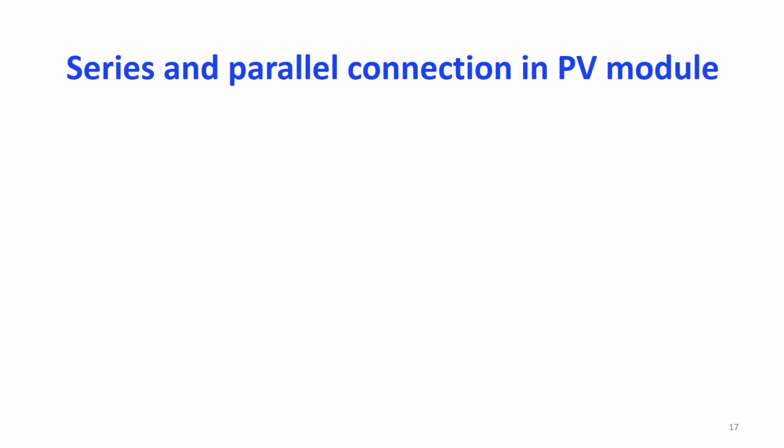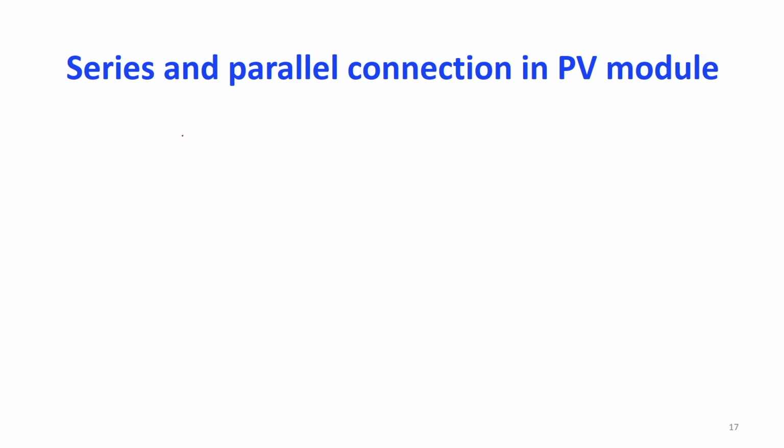Now, let us learn what series and parallel connection in PV modules is. We had already discussed series and parallel connections of solar cells. So, now the case of modules, okay.